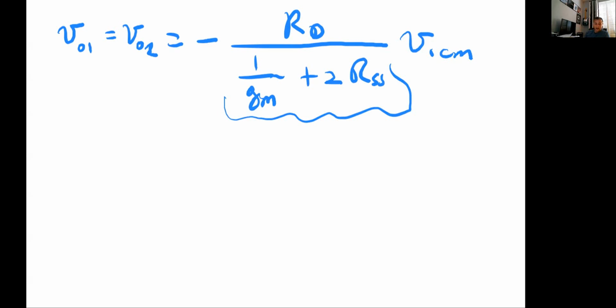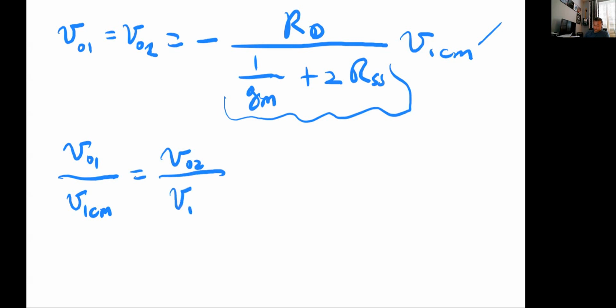So I can write the output from this expression over here. I'm trying to see the gain. Essentially, what is the gain of each output voltage due to that common mode voltage? What is the change?